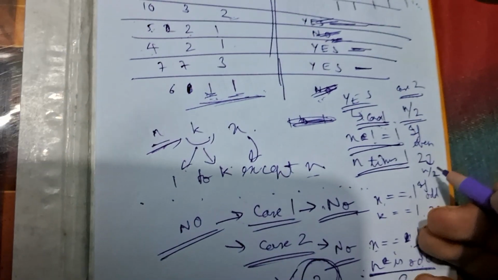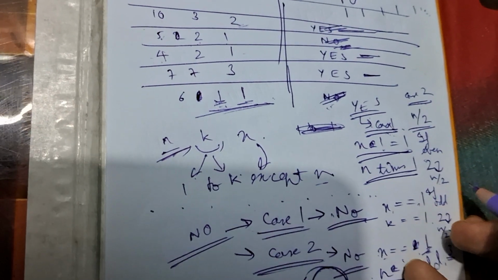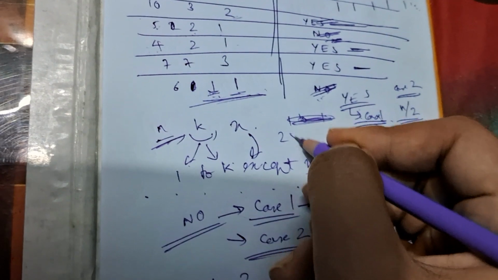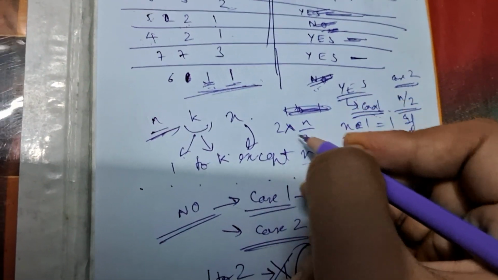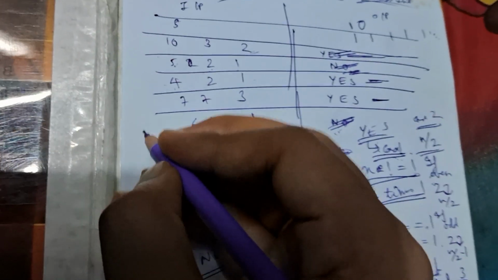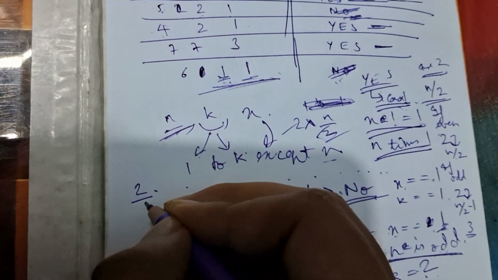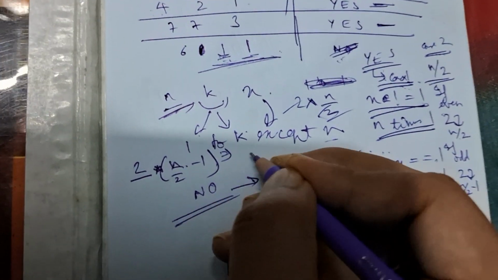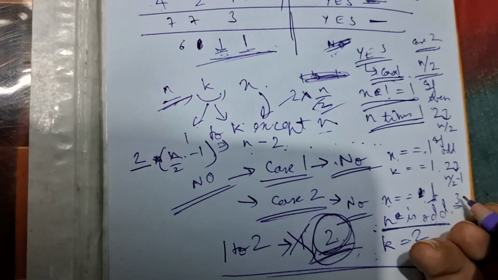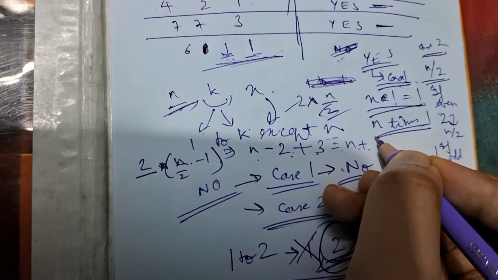So if even, you can print 2, n by 2 times, because the sum of 2 printed n by 2 times is 2 into n by 2, that is n. But in case it was an odd number, I printed 2, n by 2 minus 1 times. So 2 into n by 2 minus 1 is n minus 2, and then I printed an extra 3.